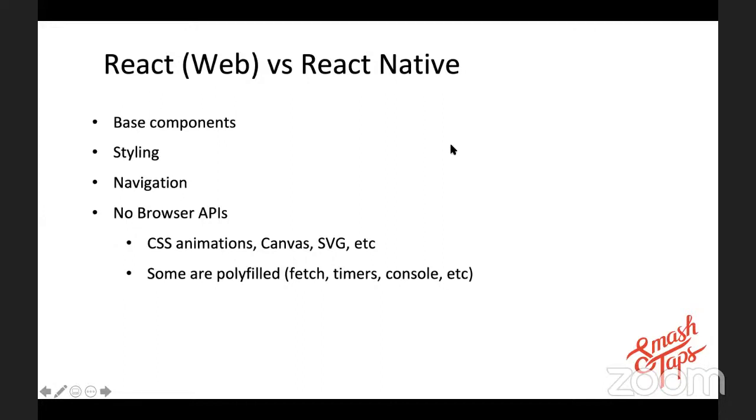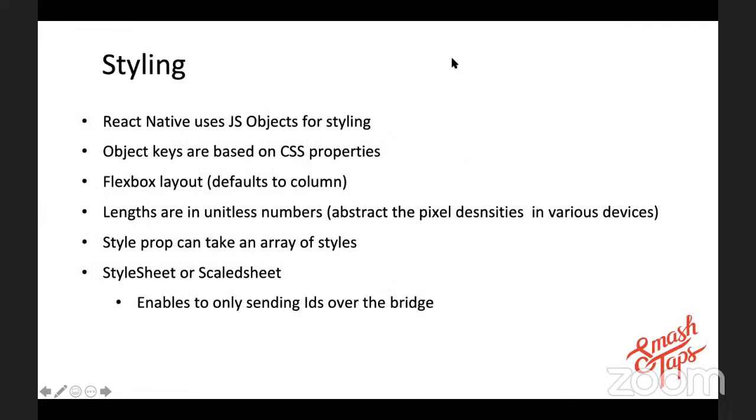So in styling, on web you have CSS styling, and in React Native you use JavaScript objects, and the object keys are based on CSS properties. And as I told you before, it's based on flexbox, defaulting to column.